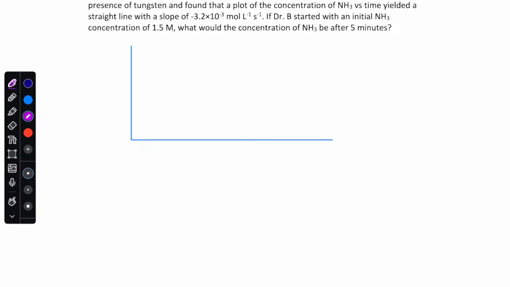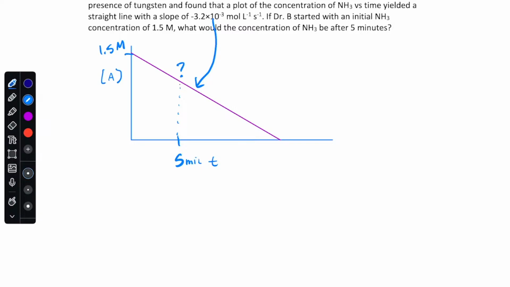Where what we have here is concentration of A versus time, and this is the slope right there. If Dr. B started with an initial concentration of 1.5 molar, what would the concentration be after 5 minutes? Okay, so that's the question that we're looking for here.